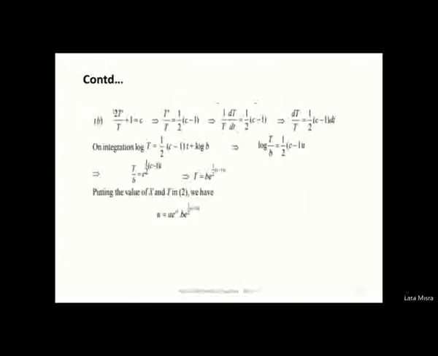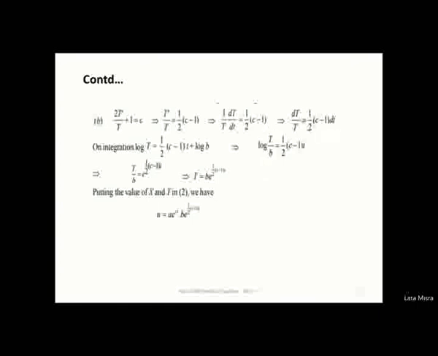Second ordinary differential equation, we have 2T'/T plus 1 equals c. Again writing T'/T equals 1/(2c minus 1), and again replacing T' by dT/dt, we have 1/T dT/dt equals 1/(2c minus 1).